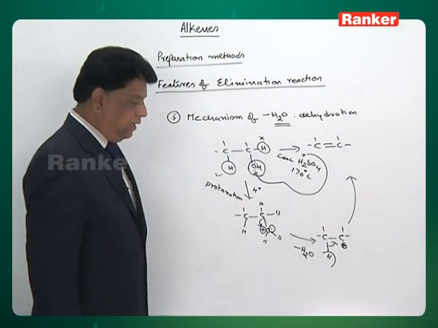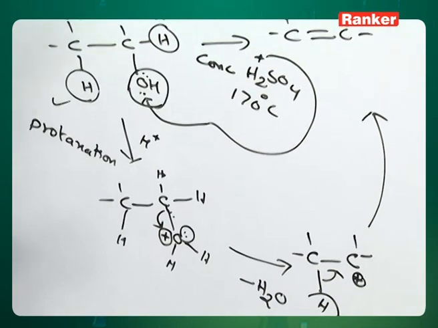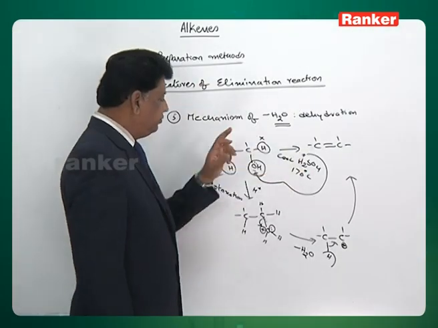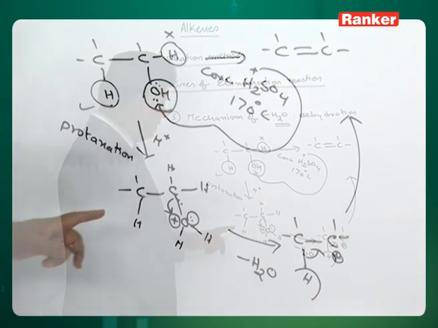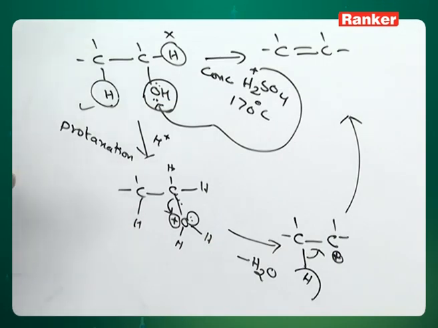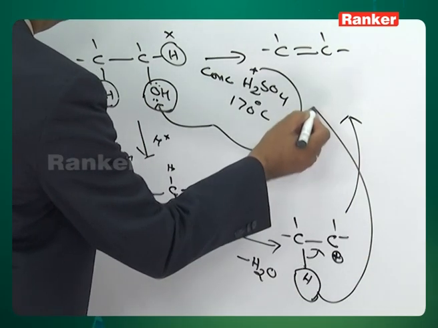The only difference is exactly the role of the sulfuric acid. The proton of sulfuric acid attacks the OH and it is removed as water. This proton is removed, isn't it, and it goes into what? This proton goes into the sulfuric acid.